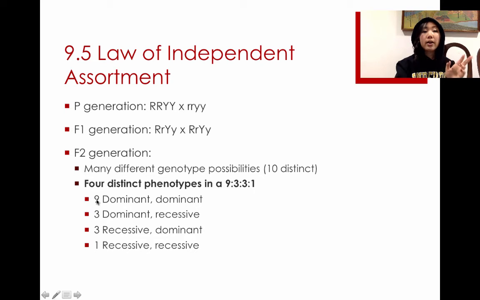So he saw 9 out of the 16 different possibilities were dominant. 3 were dominant recessive, so one of the traits was dominant, the other one was recessive. 3 were recessive dominant, so that means that the one trait was recessive, but the other trait was dominant. And then 1 of the 16 would be recessive.